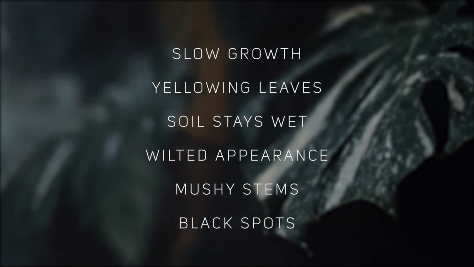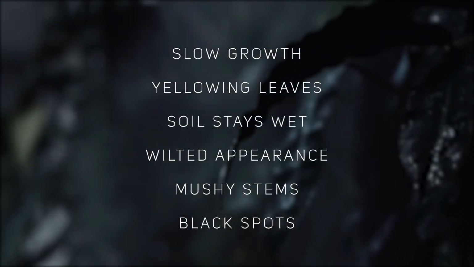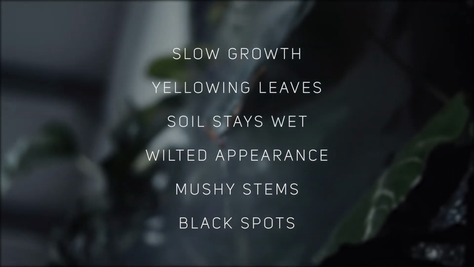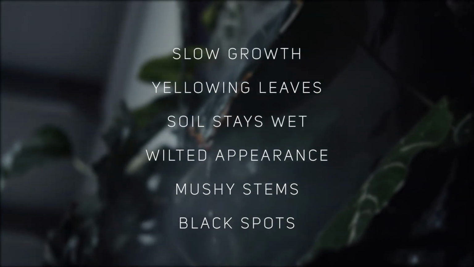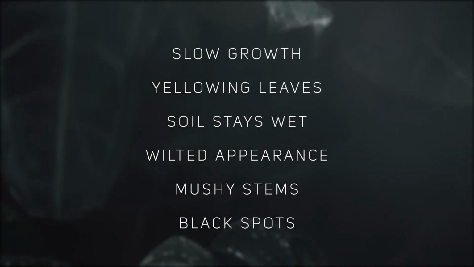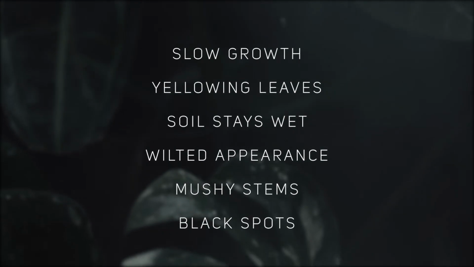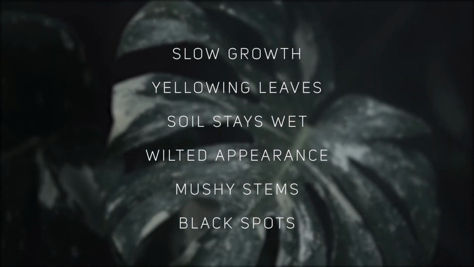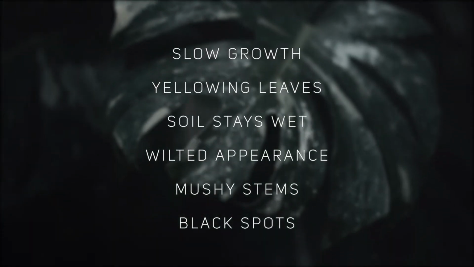It is important to note that these symptoms individually can also be a symptom of other issues. For example, yellow leaves and a floppy appearance could also mean underwatering. This is why it's a good idea to check to see if the soil is too wet and to further investigate the root system. If your plant is experiencing any of these signs, it is time to inspect the roots, as it's possible that the plant is indeed suffering from rot.